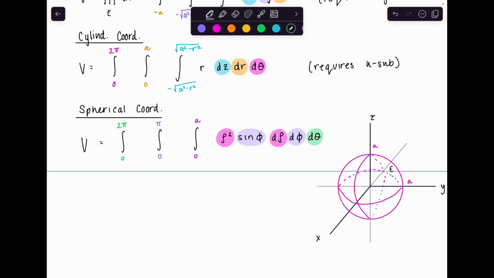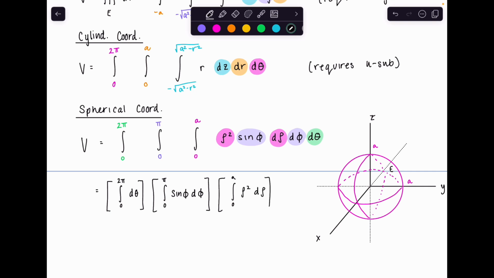So when I go to integrate this, I can really do 3 separate integrals: from 0 to 2 pi d theta. Then we've got from 0 to pi of sine of phi d phi. And then we've got from 0 to a of rho squared d rho.